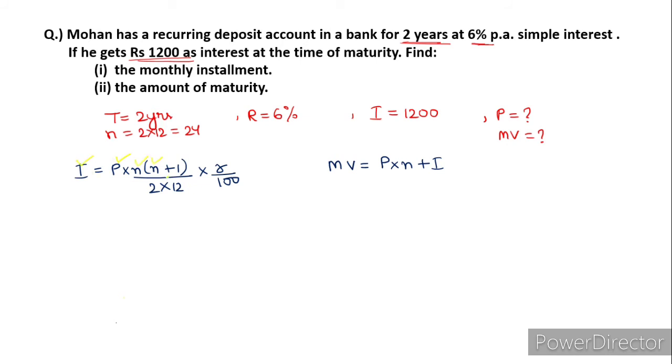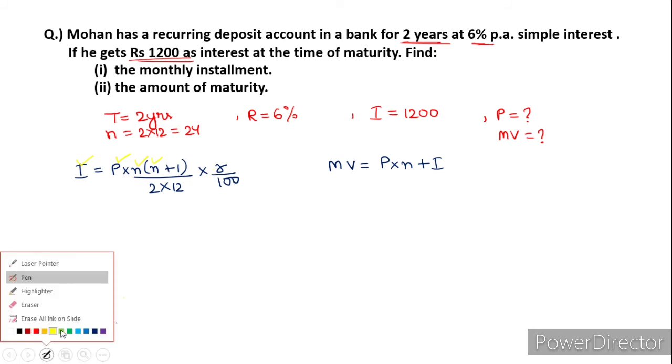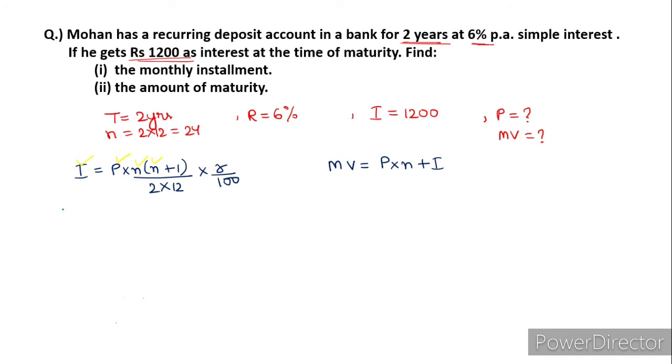So from the first equation we can find out rate. I is 1200. Okay, P is also not given. You have to find P also. Okay, we'll move on to the second equation.